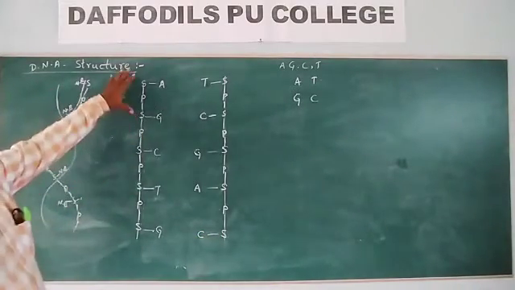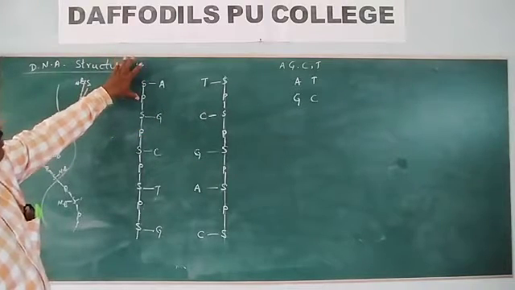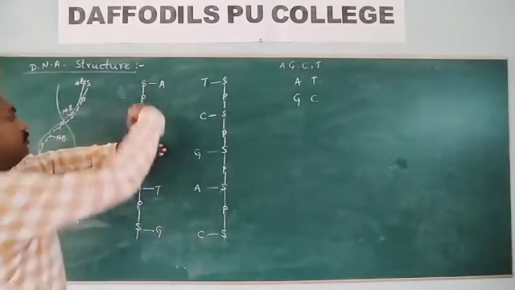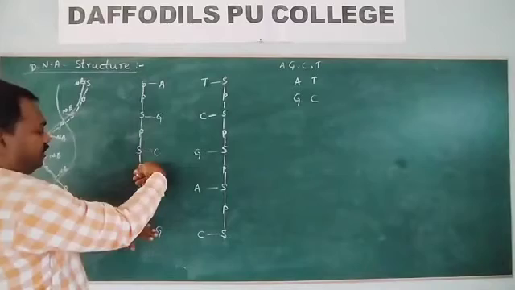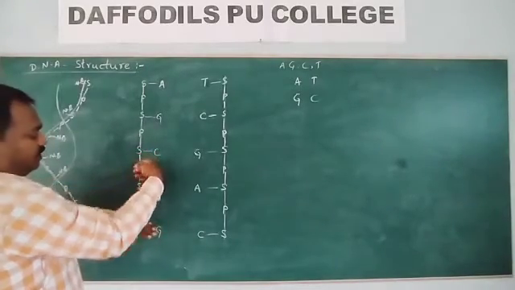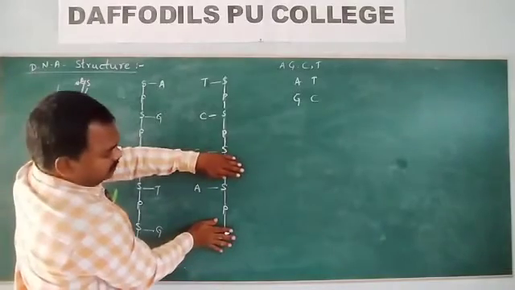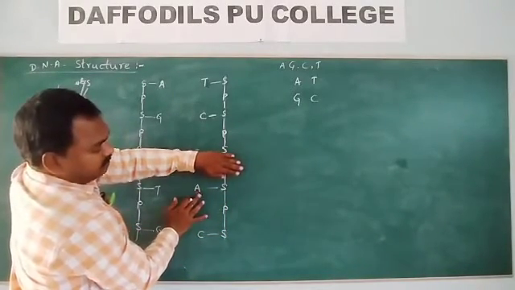So up to this part, sugar, phosphate group, adenine, is a nucleotide. This is a nucleotide. This part is a nucleotide. Sugar, phosphate group, and nitrogen base.